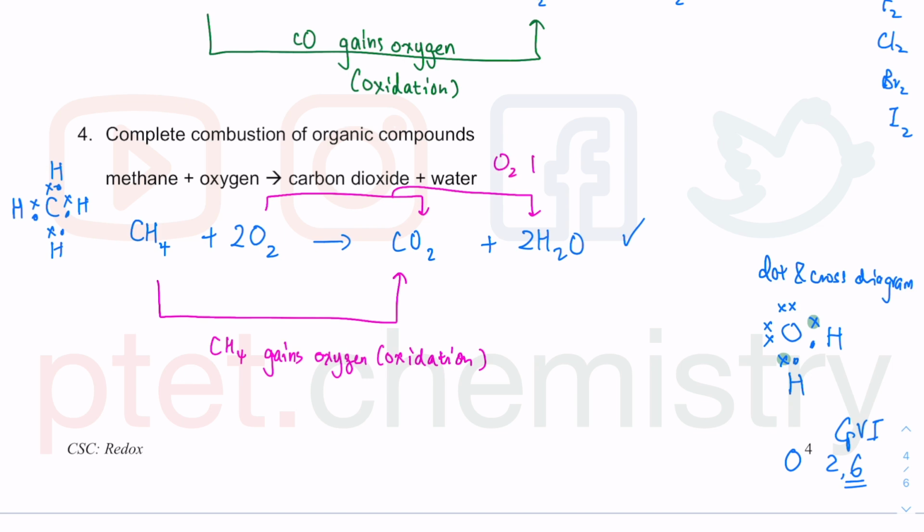So the O2 loses the oxygen to the CH4. It doesn't look that obvious, but you have oxidation, and therefore we have to talk about reduction for the other partner. So oxidation and reduction happening simultaneously is your definition of a redox reaction.